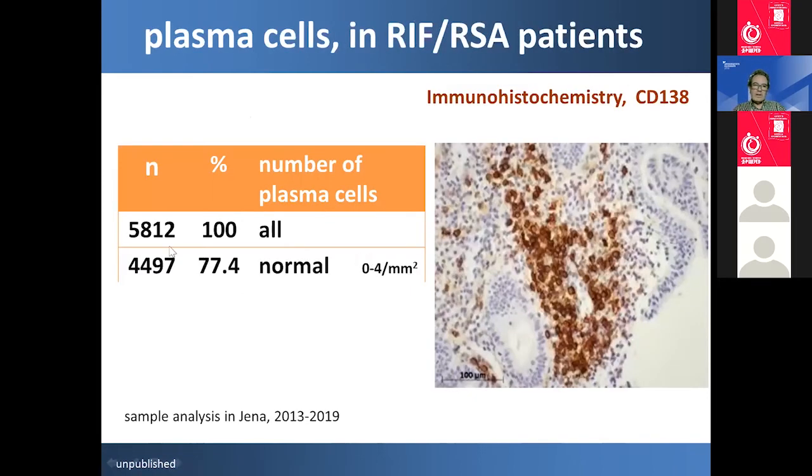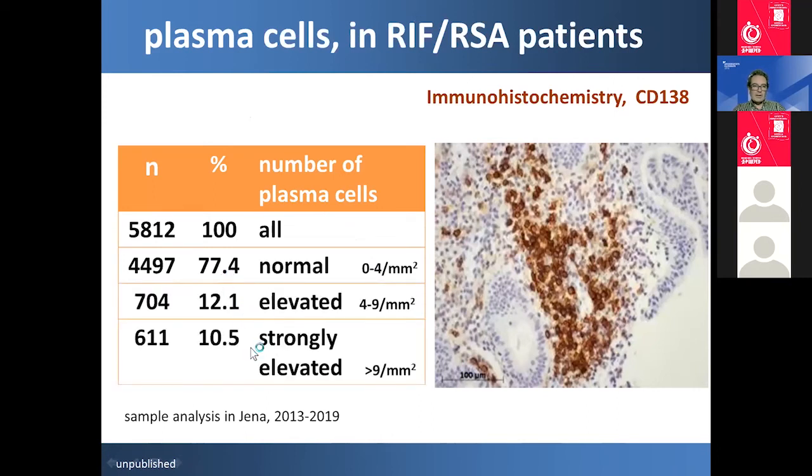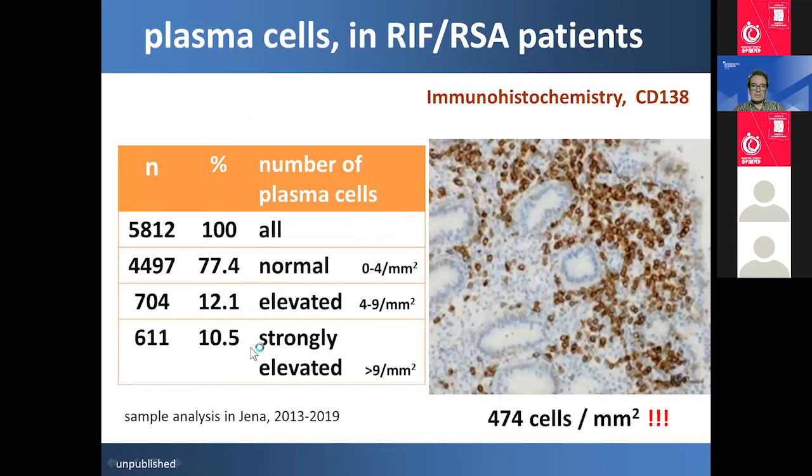So these are numbers that I've shown you before. These are 5,800 patients which we have analyzed. 77% were normal, and these are the elevated and strongly elevated values.